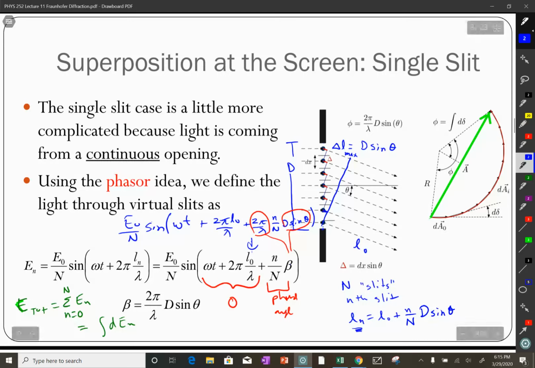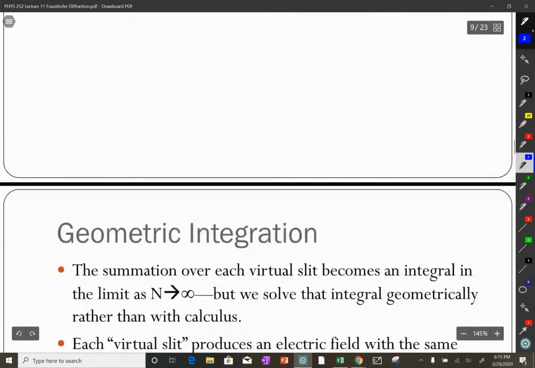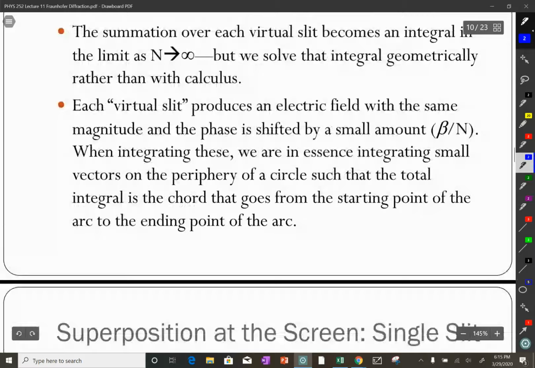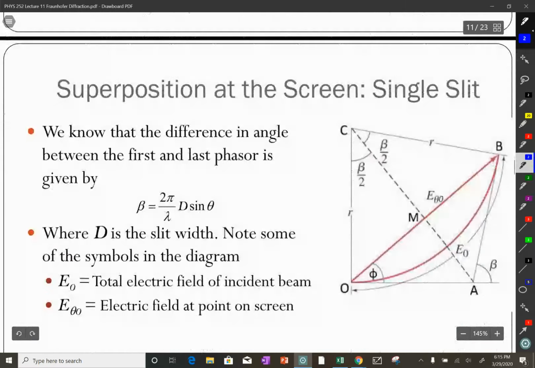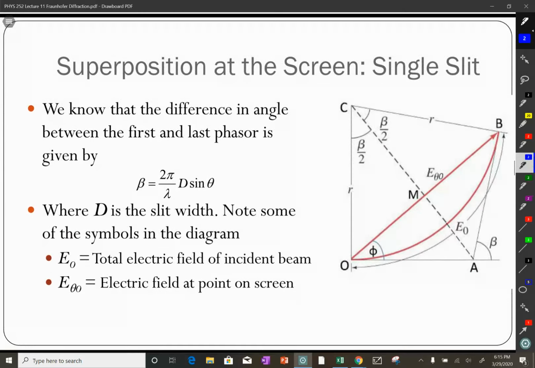Here is a picture that better explains the integral. So we have this E0, that is the total electric field that went through the slit.